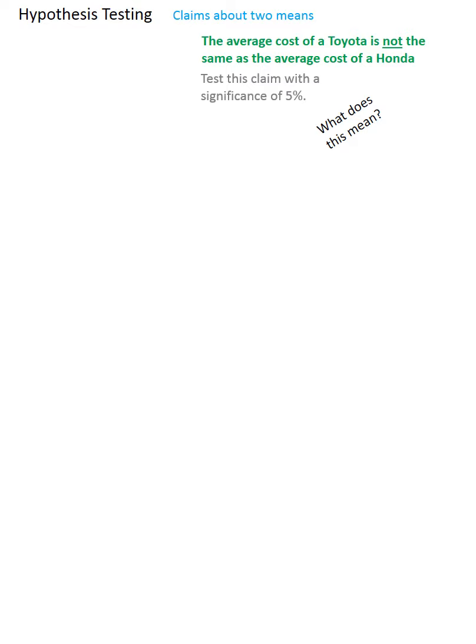Data that leads to a conclusion that isn't actually true. When we say we're going to test this claim with a 5% significance, we mean that we're going to set out from the beginning that we will accept this claim if the probability of a false positive ends up being lower than 5%.